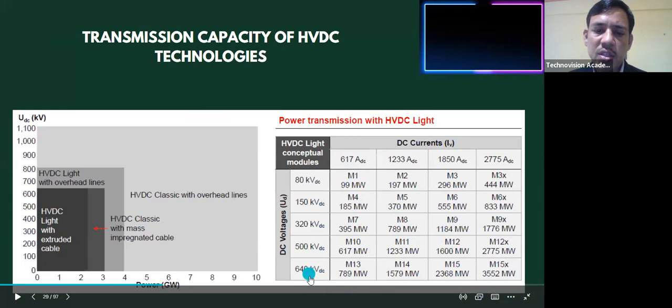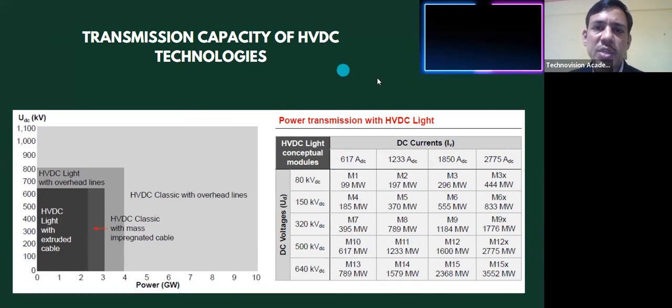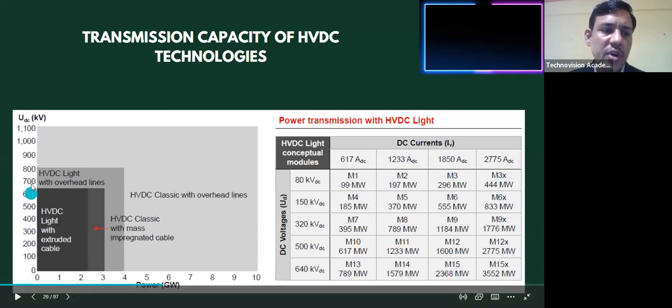If you see the latest development, it is 640 kilovolt DC, 3552 megawatt. That is the highest we can say. We can go for this with the MMC HVDC, modular multi-level converter. And for different voltages and different power handling capacities, we can go for other technologies also.